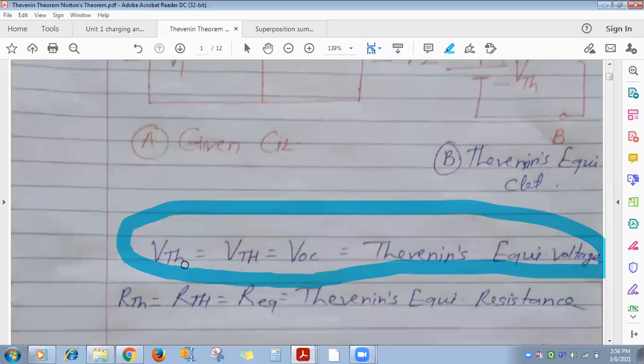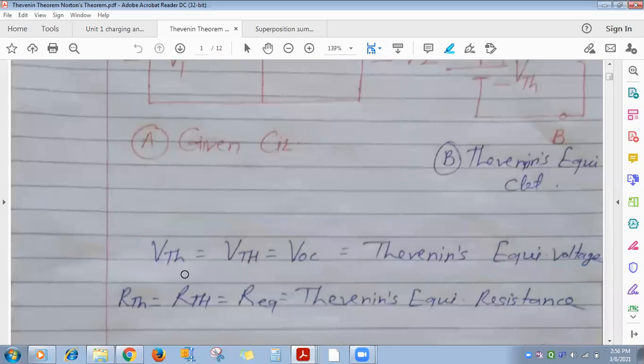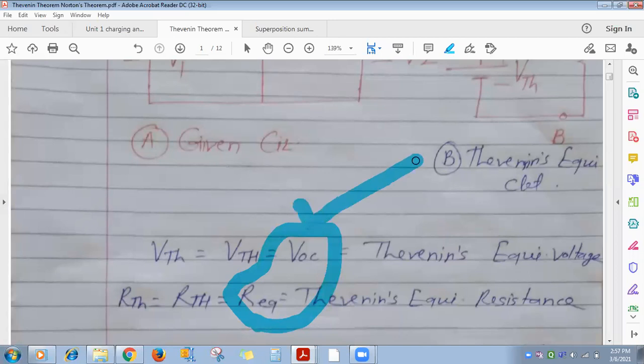If you are using the symbol V suffix capital TH for Thevenin's equivalent voltage, then for resistance you have to use R suffix capital TH. This is the standard one, you will find this in BL Theraja also. Mostly this is used, so all of you can use this one, but the previous two are also allowed.